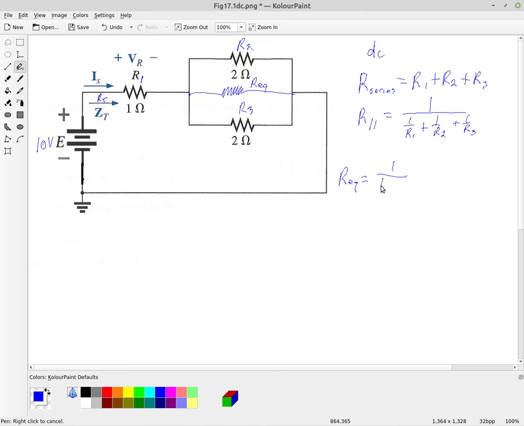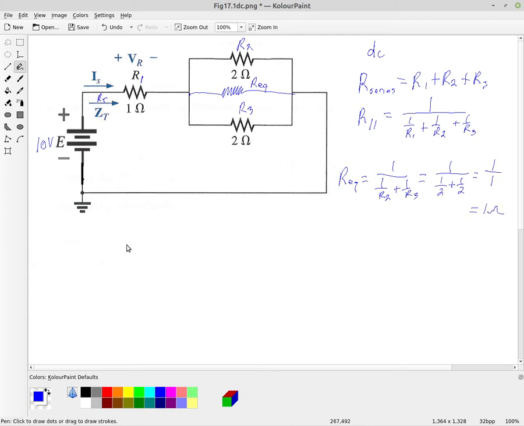So we just have 1 over R2 in this case plus 1 over R3, and so that gives us 1 over 2 plus 1 over 2, which ends up giving us 1 over 2 halves, or 1, which simply gives us 1 ohm.